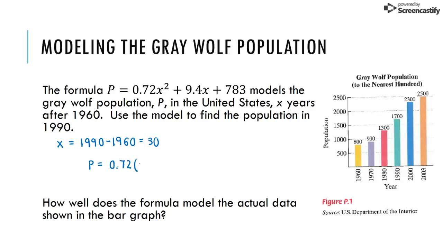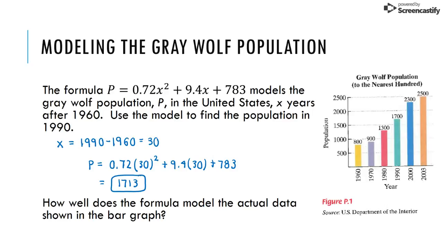Obviously, with this type of problem, I would be okay with you using a calculator because we're dealing with decimals. If you have a problem like this on your homework, definitely use your calculator. So plugging all that in and simplifying, we end up with a population of 1,713.